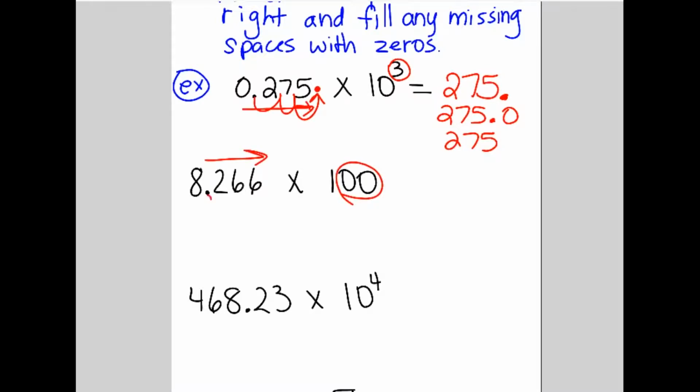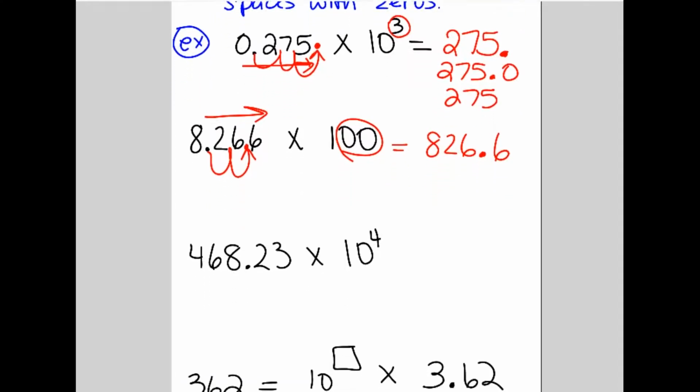So I'm moving it 1, 2 times. So now the decimal point goes there. So my answer looks like 826.6. Now in these two problems that we just did, there's no missing spaces, so we don't have to plug in any zeros. This one would just be the answer. There's no other things that we could do with it. It's just 826.6.